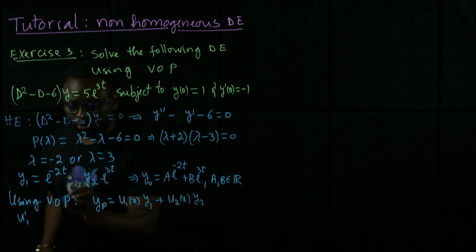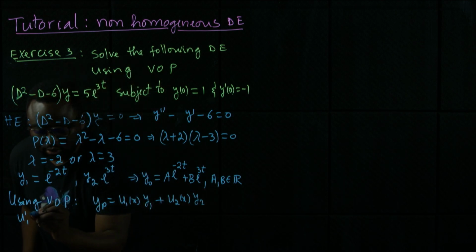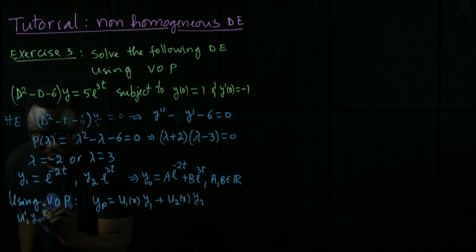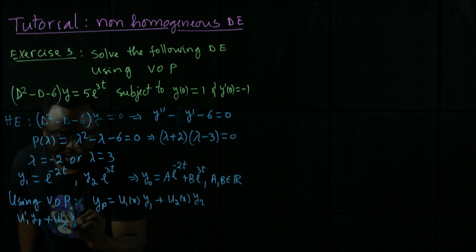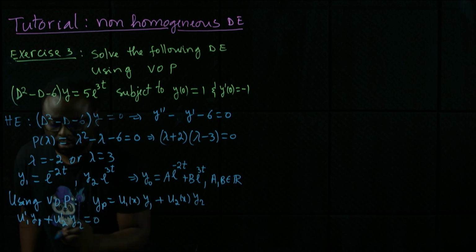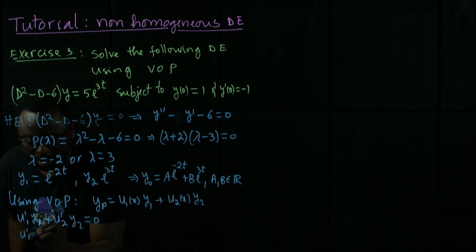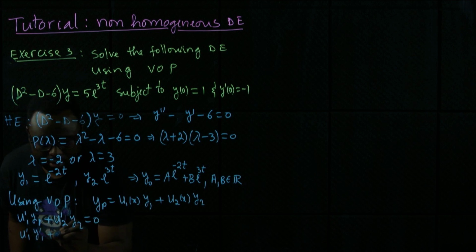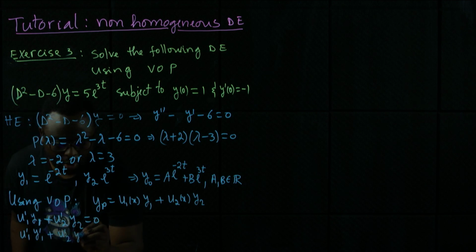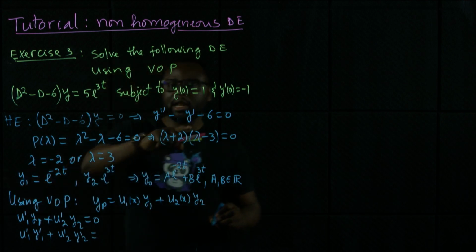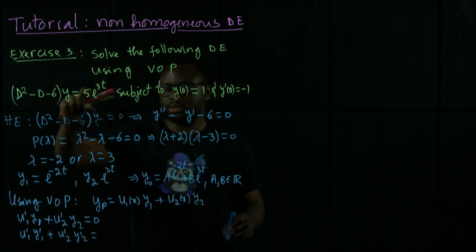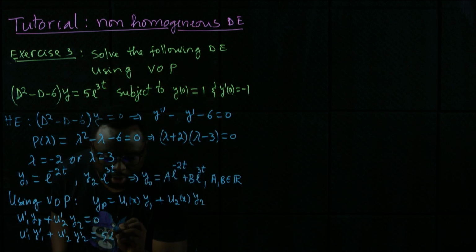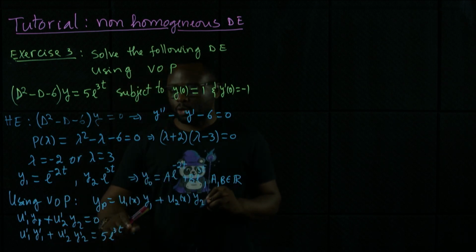The variation of parameters says that u1 prime y1 plus u2 prime y2 is equal to 0, and u1 prime y1 prime plus u2 prime y2 prime is equal to the right hand side of this equation, which is 5 times e to the power 3t.